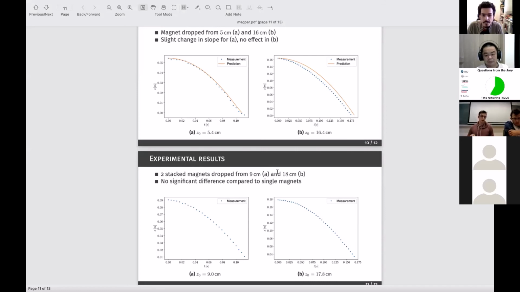Because when you analyze the footage, the blur of the magnet was so large that we could only approximate its center of mass to track its movement.